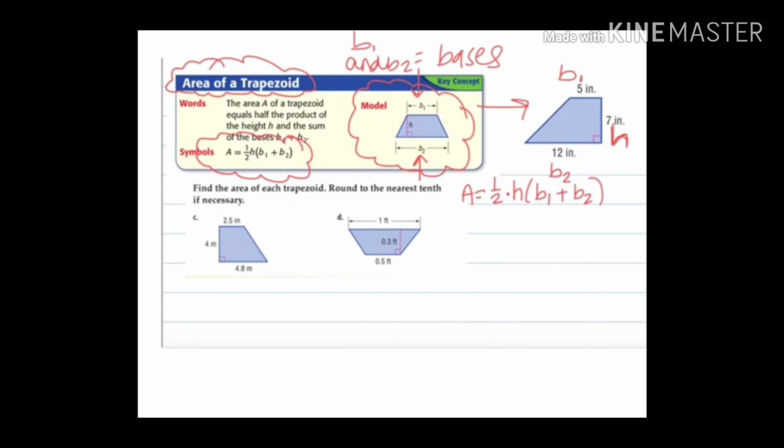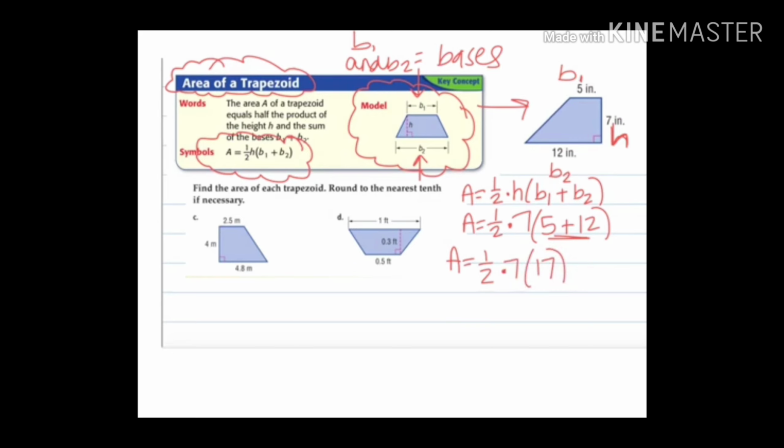So remember PEMDAS, order of operations, we do our parentheses first, then we do outside. So before I do anything, I'm going to plug in what I have. So my H is 7, my B1 is 5, base 2 is 12. Now I'm going to do my parentheses first. So I have A equals 1/2 times 7 times 17.